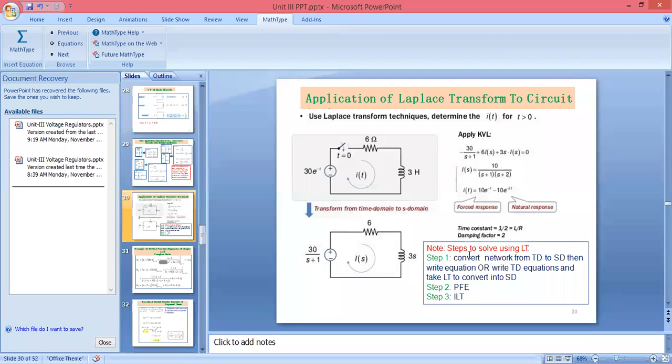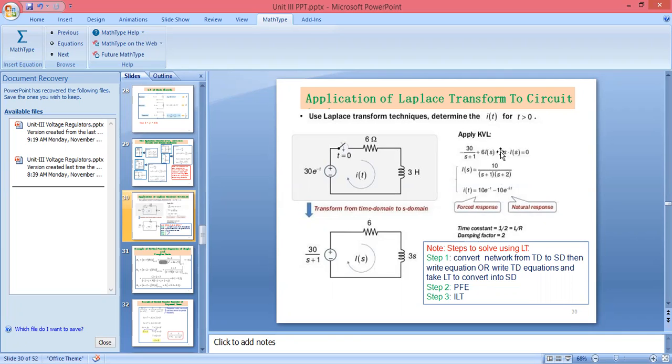How are we doing this? Firstly, we convert the network from the time domain into the frequency domain. Then we write the equations, solve them, and write them in simple form. Again, we convert that frequency domain value into the time domain. If anyone is not getting any point, you can ask. And this 30 upon s plus 1 we will get by using KVL.